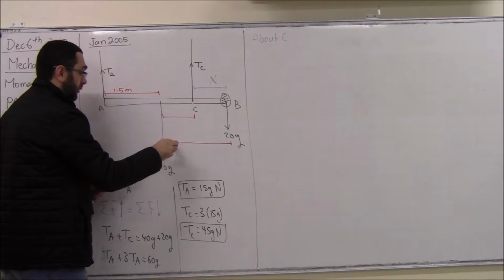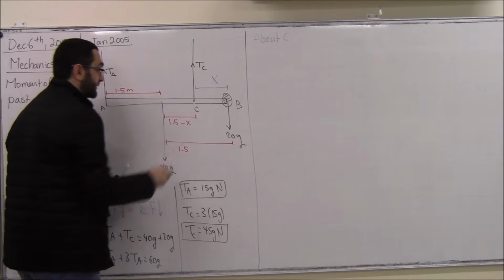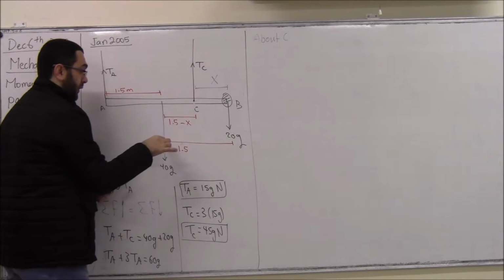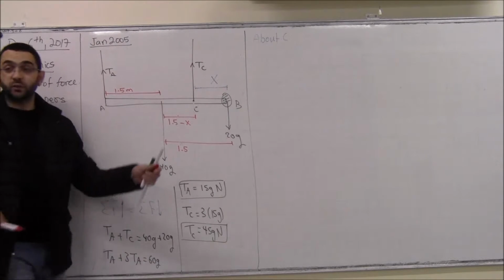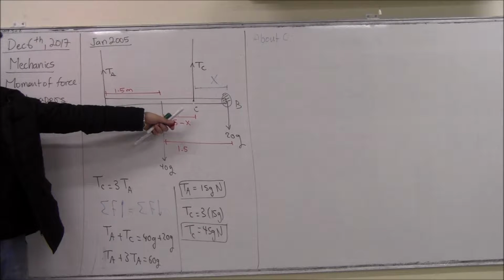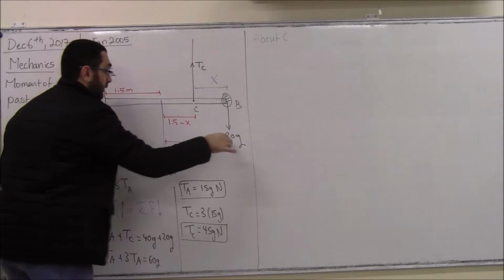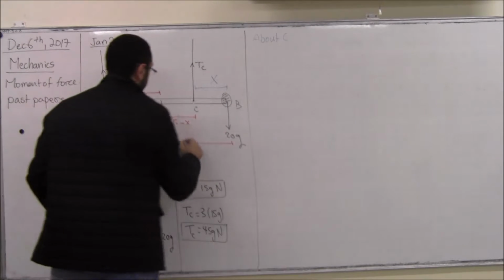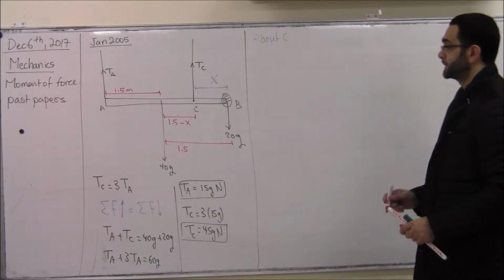This is also 1.5, so this will be 1.5 minus x. Any question about the distances? Sure? This is 1.5 because this is the center of mass in the middle. So at this 1.5 minus x, this would be x.